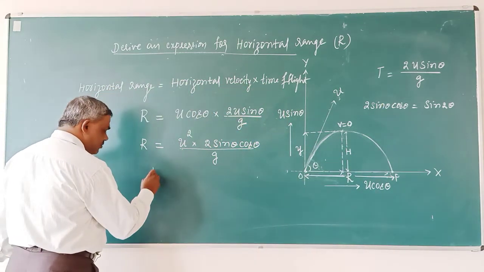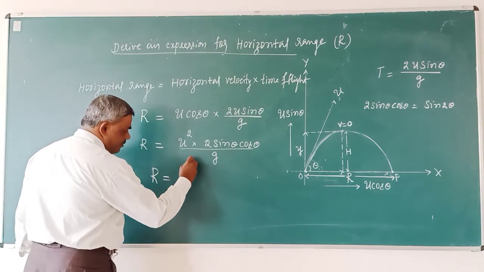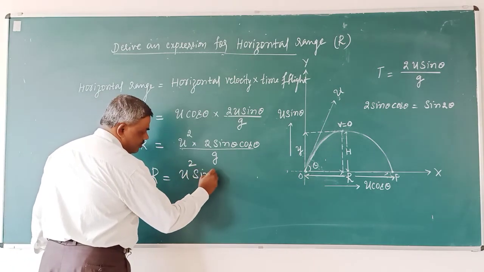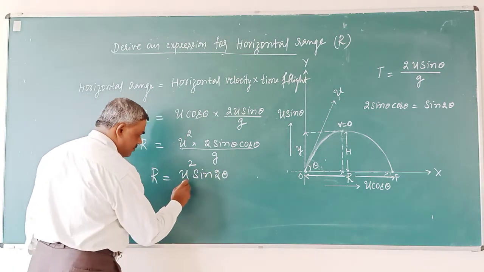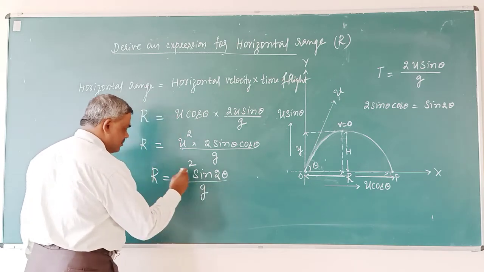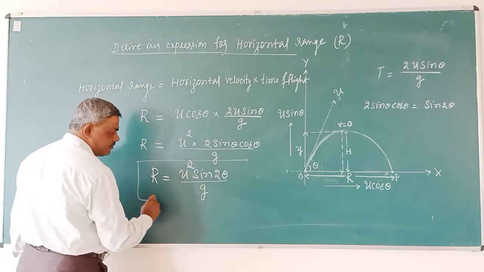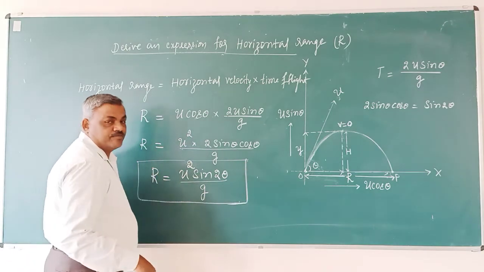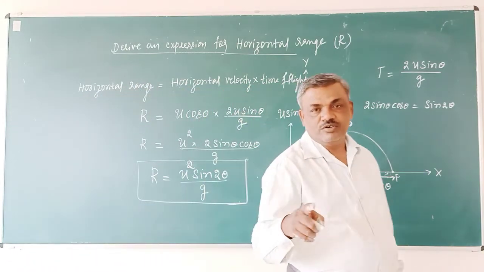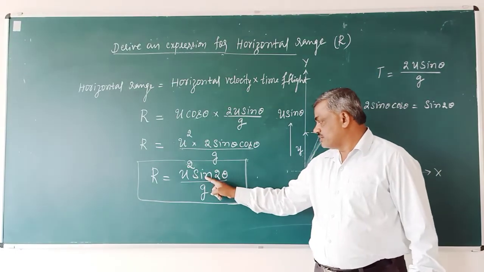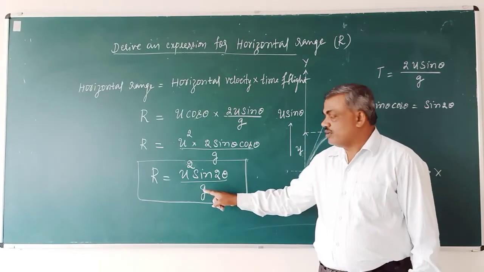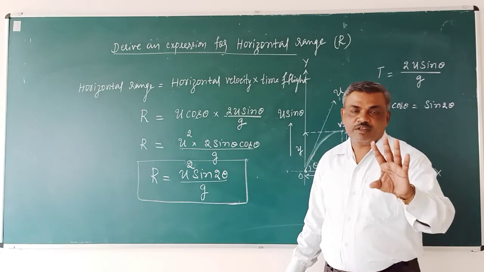So R equals u square sin 2 theta divided by g. This is the expression for the horizontal range of a projectile motion, and R equals u square sin 2 theta by g is very important in our numerical problems.